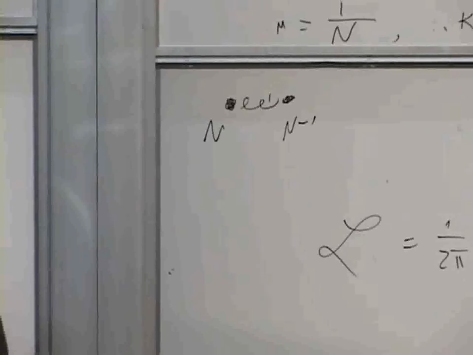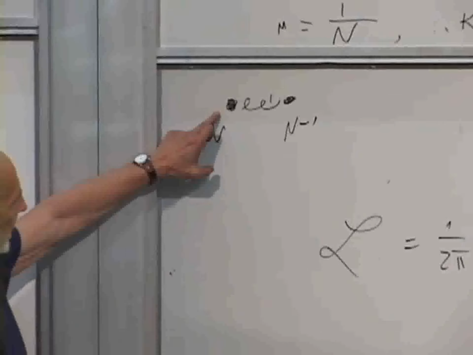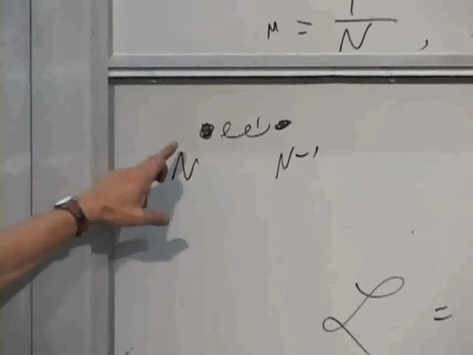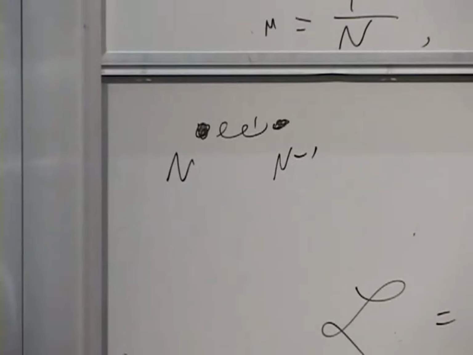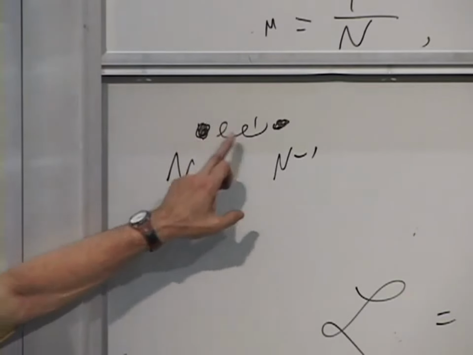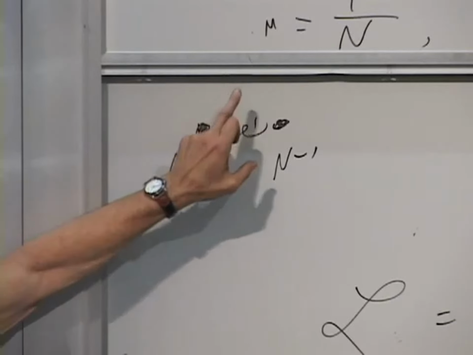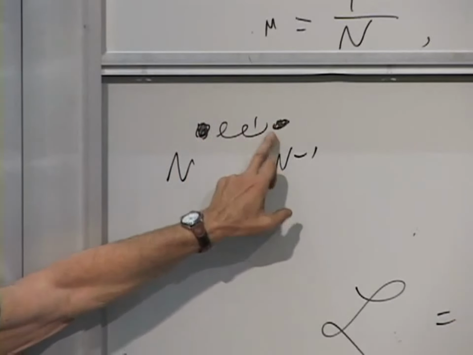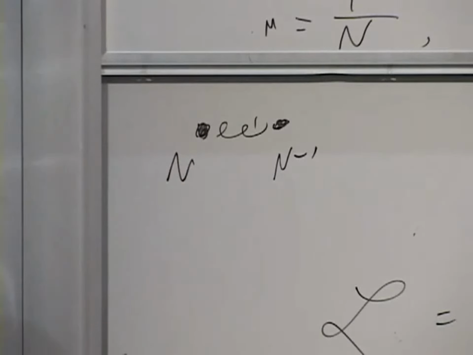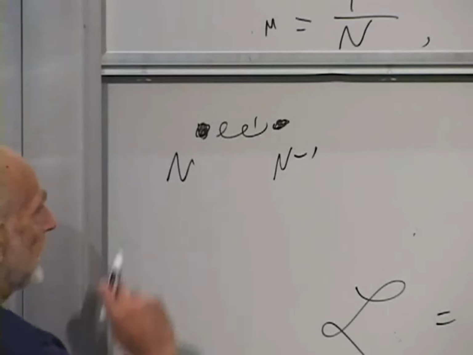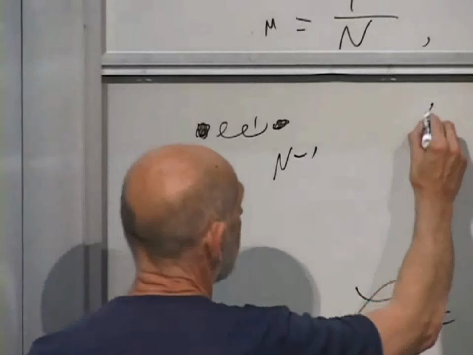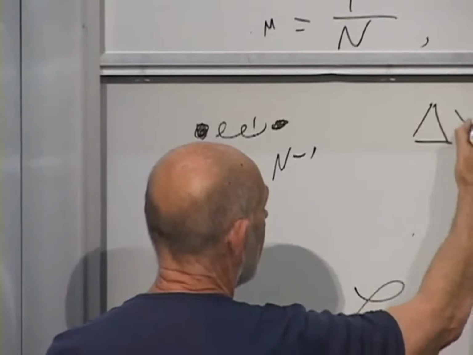Now, what is the force, the x component of force, on the end point of the string? Hooke's law tells you that the force on the end of the string is the displacement, or the distance, between the nth point and the n minus first point. In other words, the force on the nth point here is proportional to delta x.